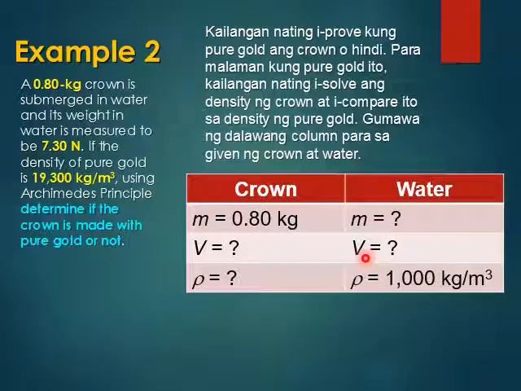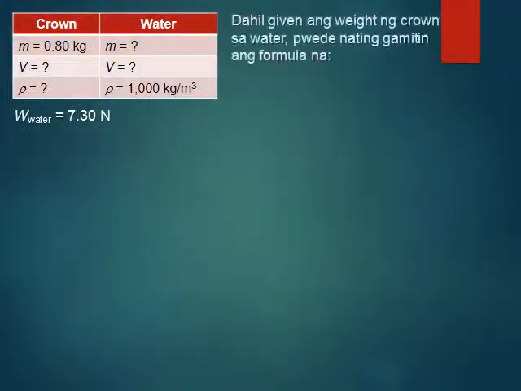Pero dito, meron pang isang paraan. Okay? Given tayo dito ng weight sa water. Ito yung weight ng crown sa water, which is 7.30 newtons. Okay? So, using this, pwede nating makompute yung magiging buoyant force. So, how can we do that?